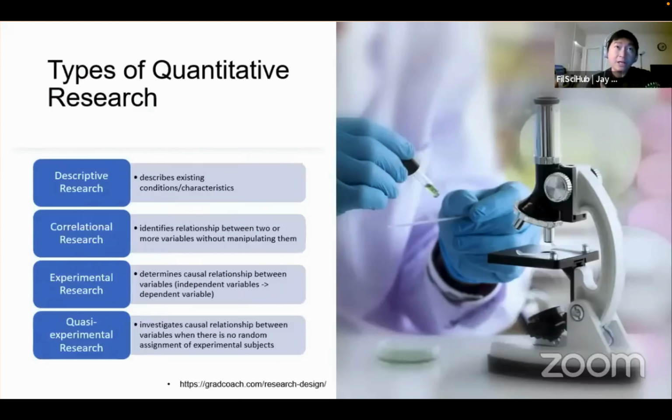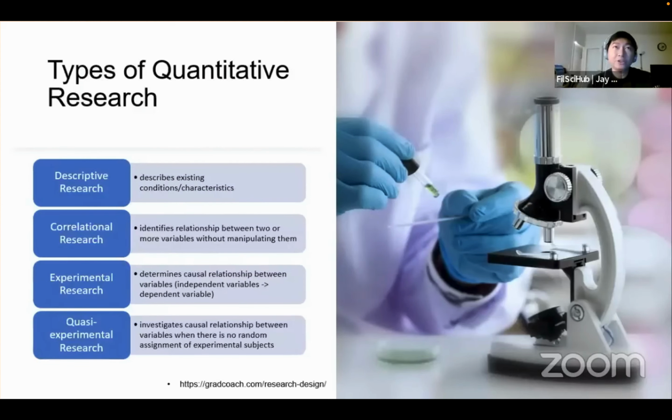Let's take, for example, the same example where you're trying to see the test scores of students in a certain school versus those from another school, and correlate that with the time spent on social media, and see if there is a causal relationship. Let's say we implement a certain time for social media, like, okay, spend 3 hours on it, and then let's see what your test scores will be.